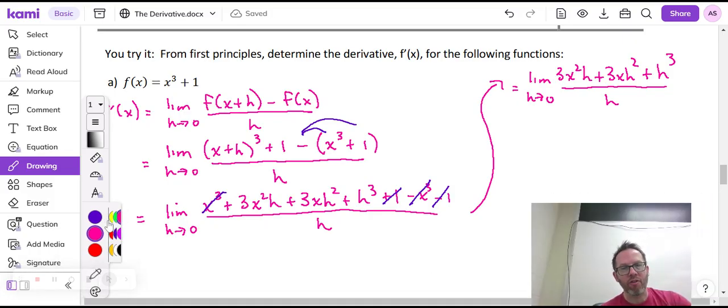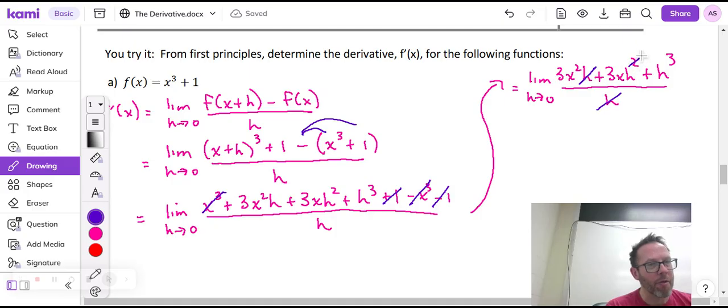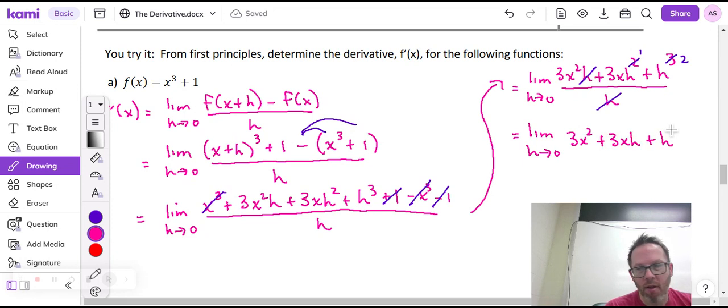And for managing space, I think it's reasonable I'm just going to divide out an h from everything. It just reduces the powers of h on every single thing. We'll get the limit as h approaches 0. So what are we left with? 3x squared plus 3xh plus h squared. Nothing wrong with plugging h equals 0 into here.